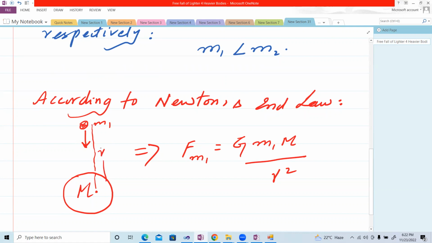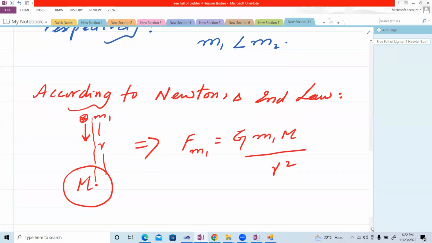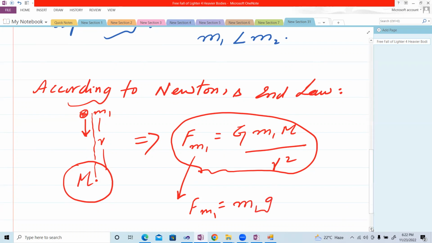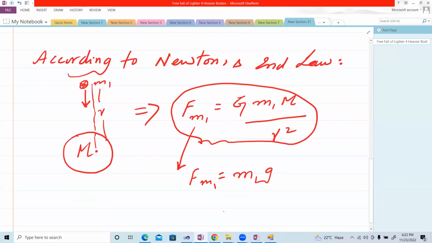Here the force will be F for m1 according to Newton's law of gravitation, and according to Newton's second law, the force on the body having mass m1 will be equal to its mass into the acceleration produced by the force of gravity. Let's say that acceleration is g, right?